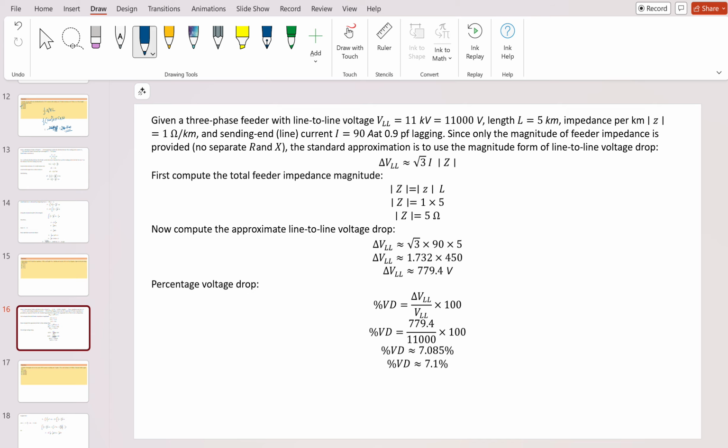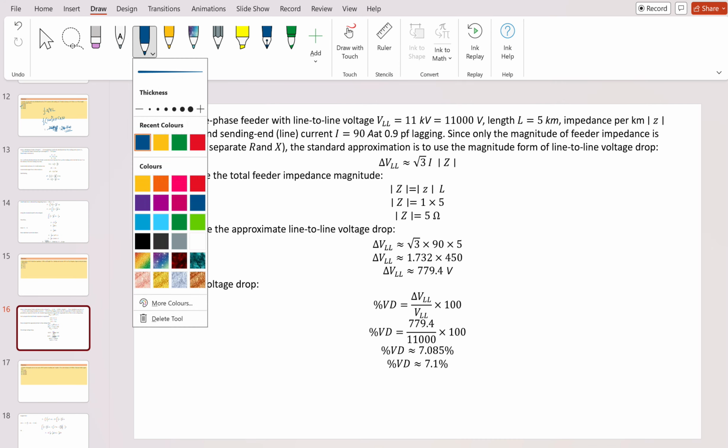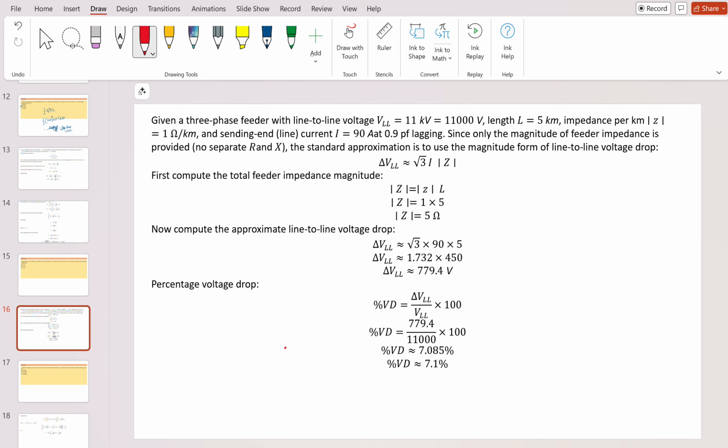Okay. So here you just have to remember a few things. First, a three phase feeder is given, and the line to line voltage of 11 kV is given. The length is 5 kilometer, and the impedance per kilometer, small r, is given as 1 ohm per kilometer.